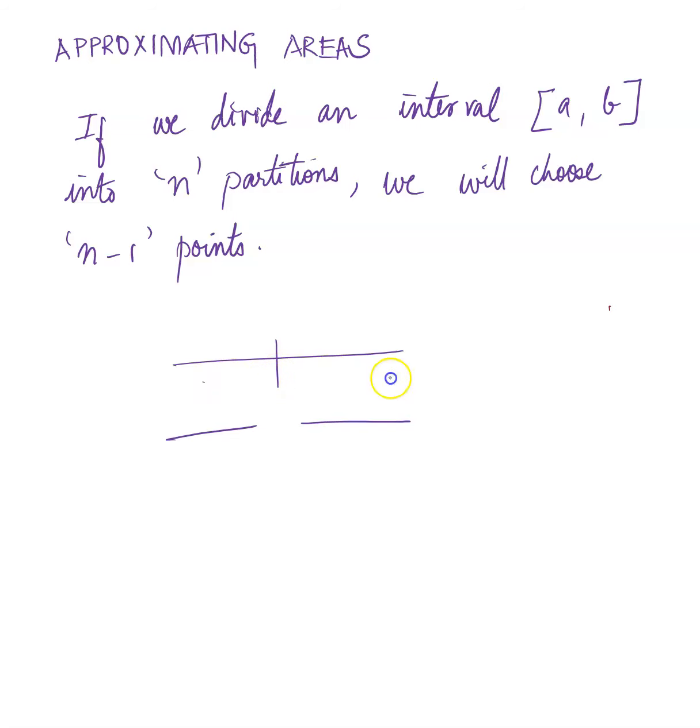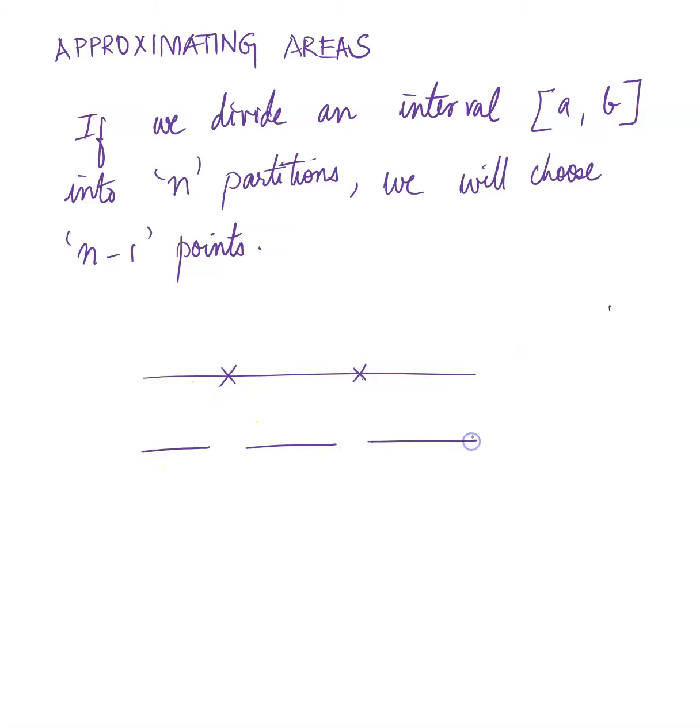Even though you want 2 partitions, you're looking at only one point. How will you break a stick into 3 parts? So you break it in 2 places so that you get 3 pieces of that stick. So although you want 3, 1, 2, 3, you're only looking at 2 places, 1 and 2. That is how we get the n minus 1.